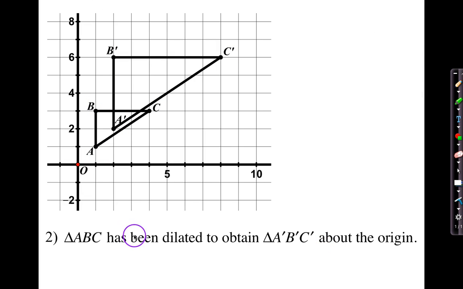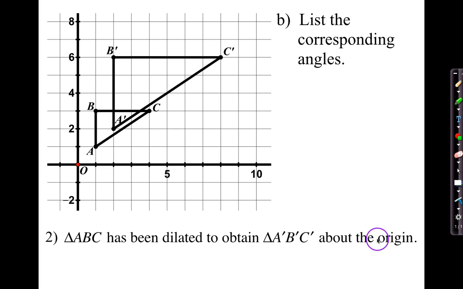Next, it says, triangle ABC has been dilated to obtain triangle A prime, B prime, C prime about the origin. List the corresponding angles. So all I need to do now is state which angle corresponds to which angle. Well, I'm going to say that angle A corresponds to A prime. And for those reasons, they're also congruent.